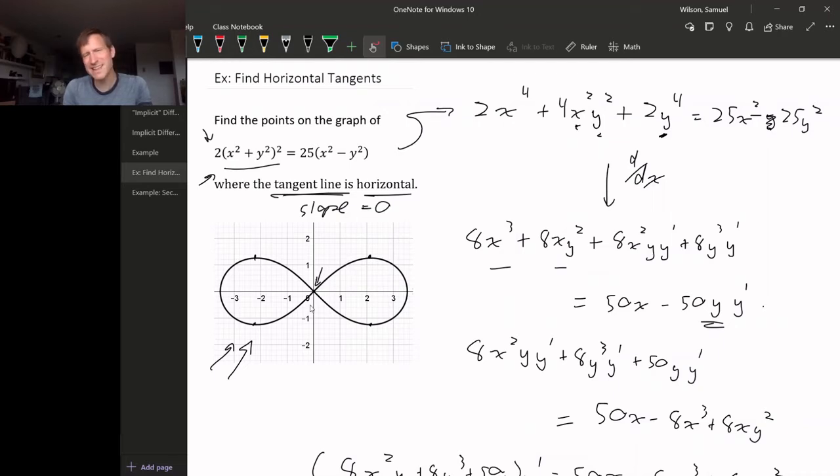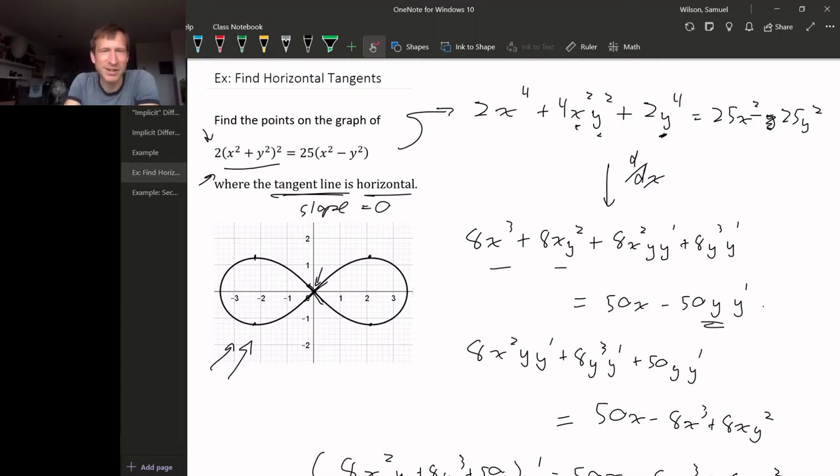The reason that this is showing up when we solve this equation is because this graph sort of has two tangent lines at this point, one that's going up and one that's going down, and that kind of makes the derivative formula confused, essentially, right?